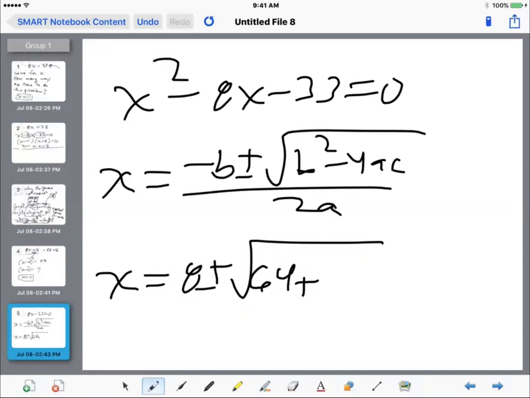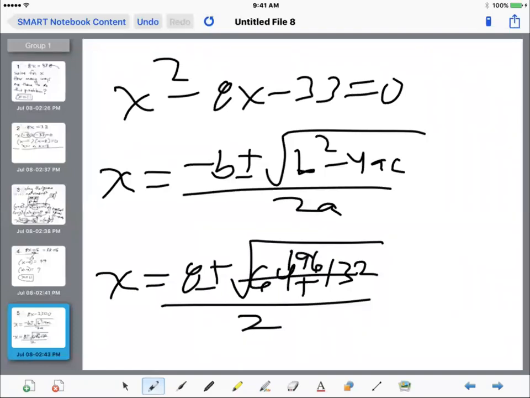33 times 4 is 132. 64 plus 132 is 196. Something go wrong there? 14 times 14, sorry.